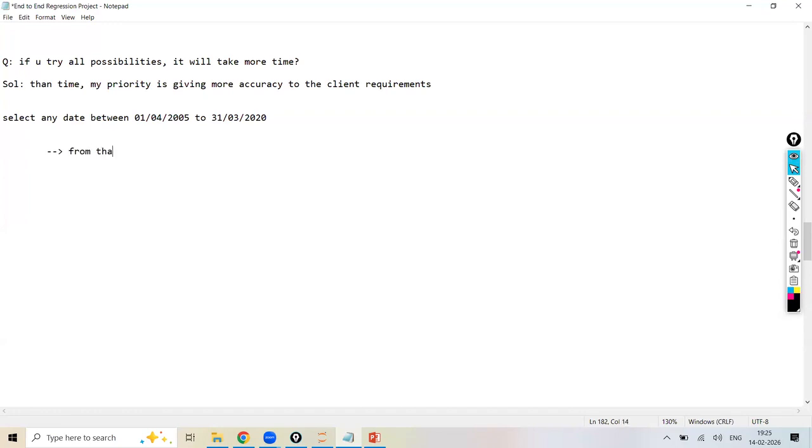From that date onwards, if you do investment based on our logic, whatever logic or strategy we have created, what returns you will get?